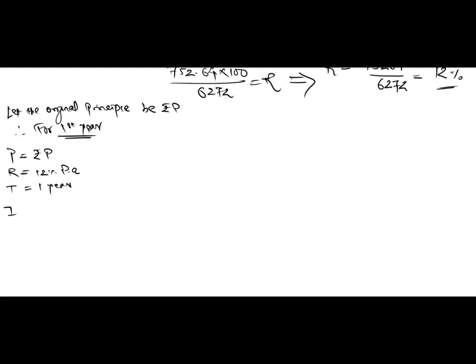So interest for the first year, I1, will be P into 12 into 1 upon 100. 4 threes are 12, 4 twenty-fives are 100, so 3P by 25.